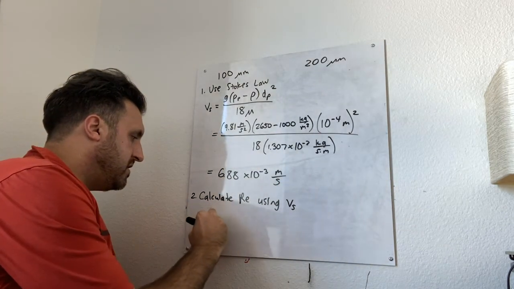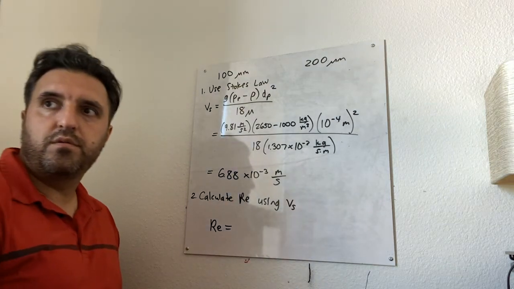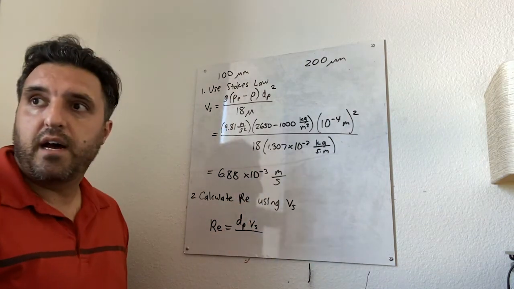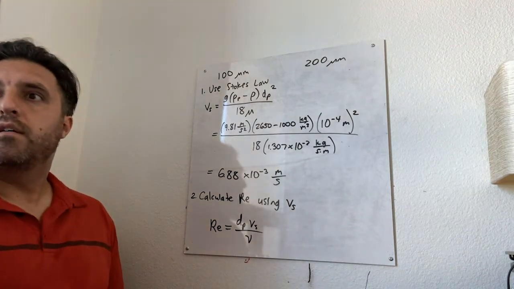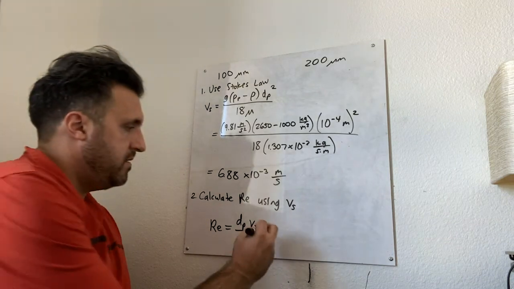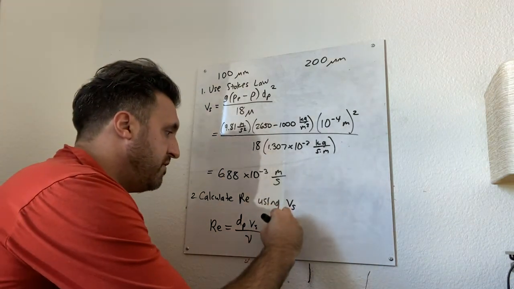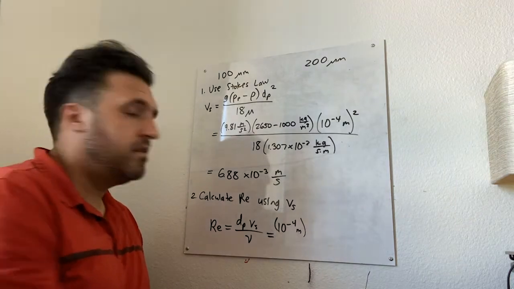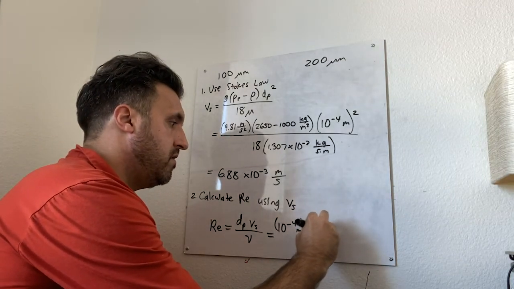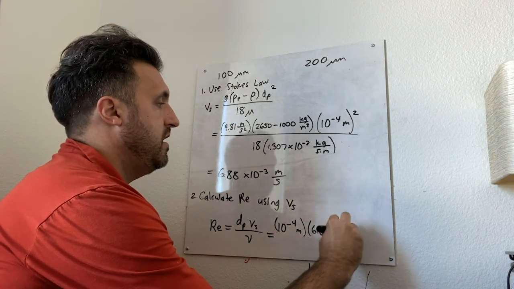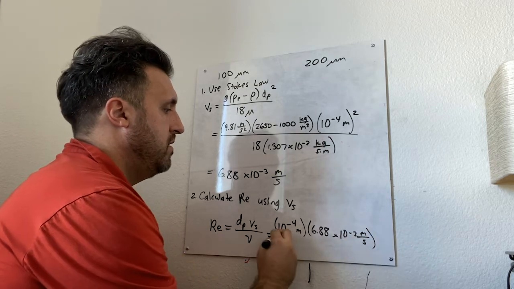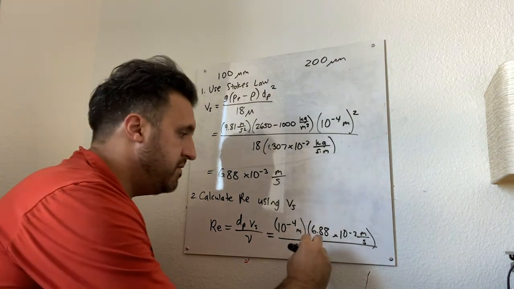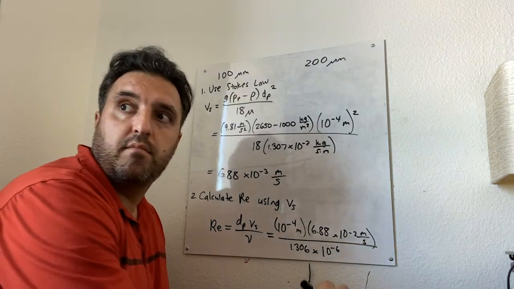So the equation for Reynolds number again is Reynolds number is equal to particle diameter times the settling velocity divided by nu, and this is equal to 10 to the negative fourth meters times 6.88 times 10 to the negative third meters per second divided by 1.306 times 10 to the negative sixth meters squared per second.